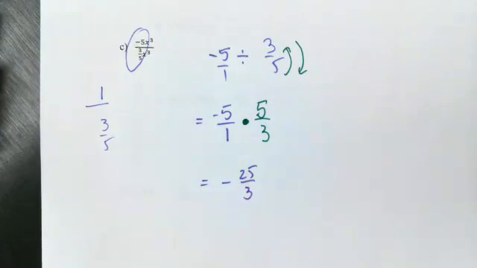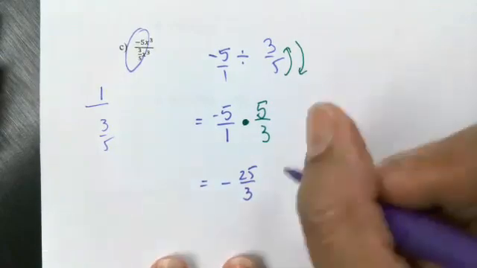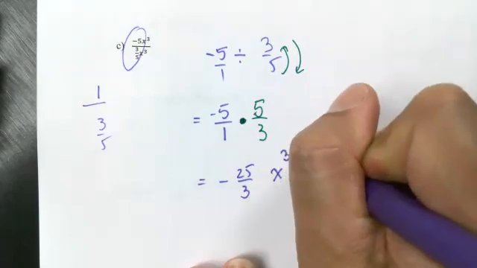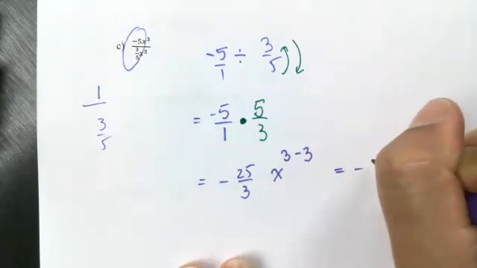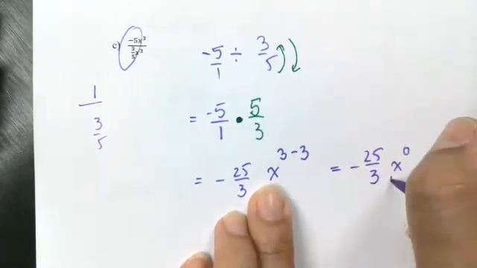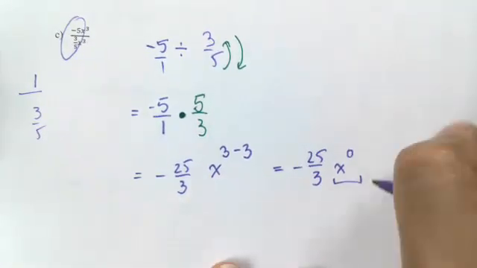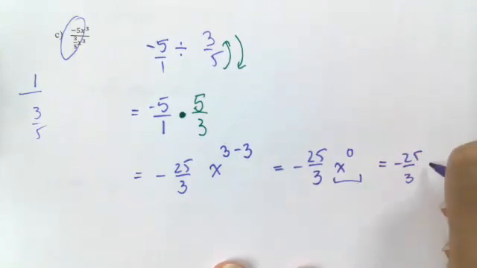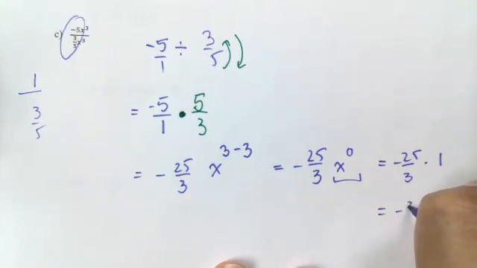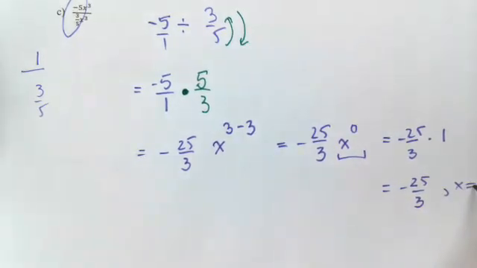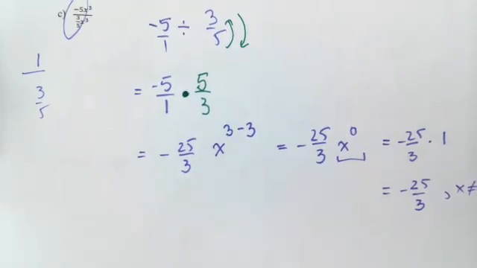And then we still have to deal with our x's, right? So we have x, keep the base, and then what do we do with the exponents? We subtract them. X to the 0, which is 1, as long as x is not 0.